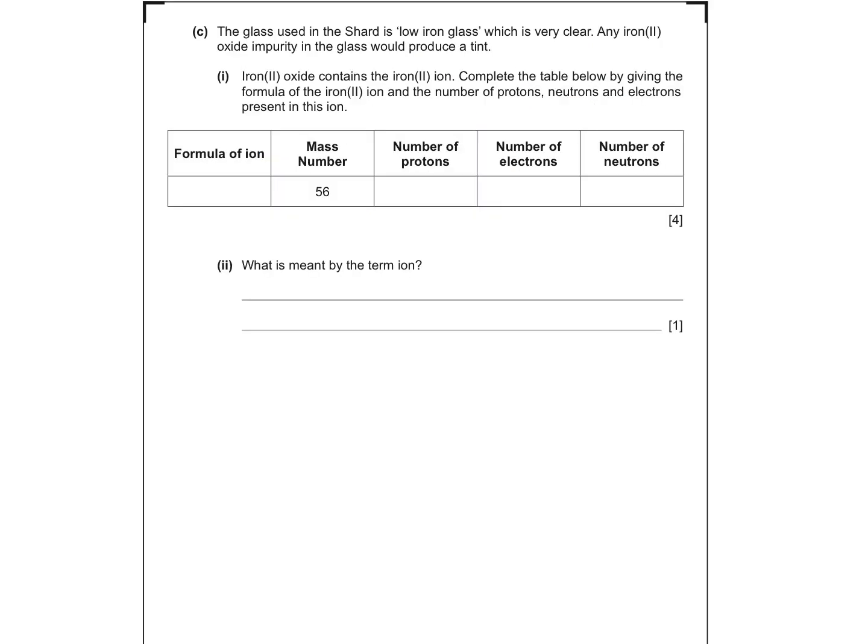Part 1 is about iron(II) oxide. Well, the 2 next to the iron tells us that the iron has a valency of 2. It is an iron(II) ion. So that means it's going to be Fe2+.